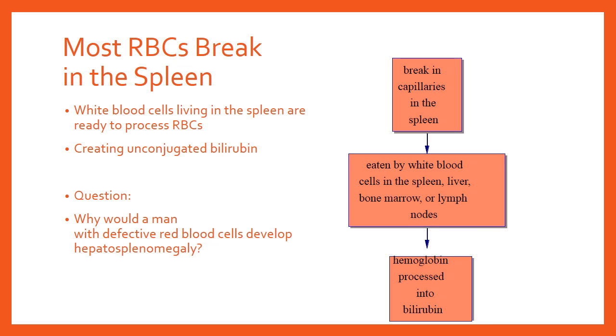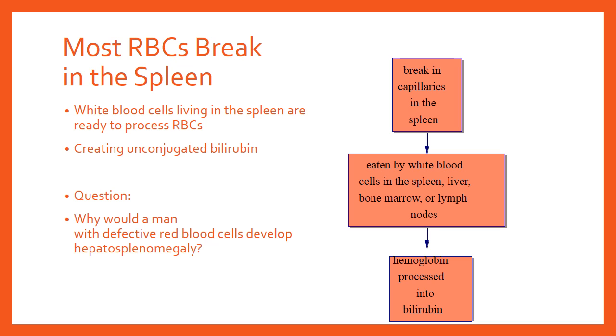Most red blood cells will break in the spleen, and a certain type of leukocytes in the spleen will process red blood cells, and it will result in creation of unconjugated bilirubin.